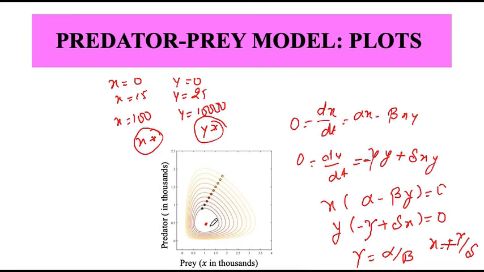So first x is increasing, then y is increasing, then y keeps increasing but x is decreasing, and so on. So there is some oscillatory kind of behavior depending on where you start.